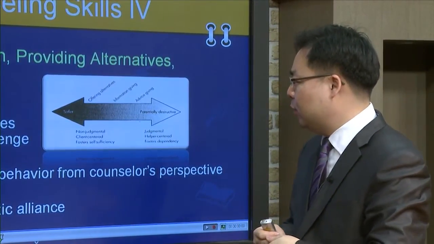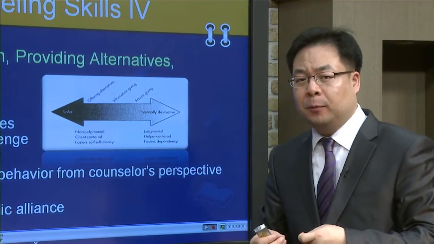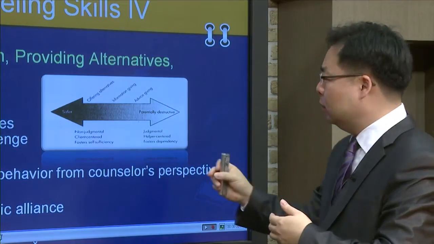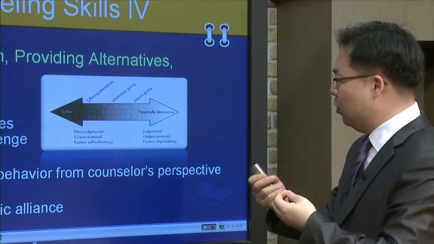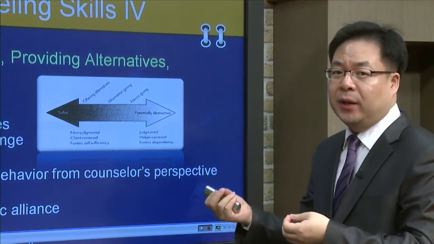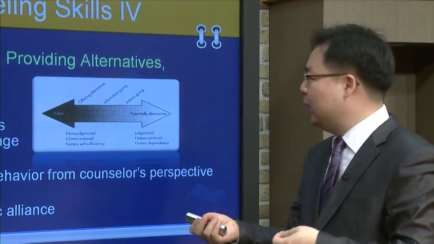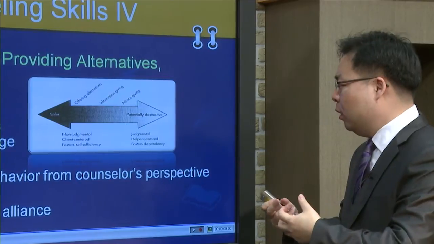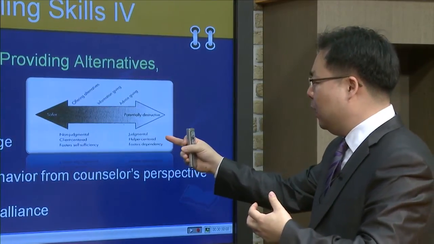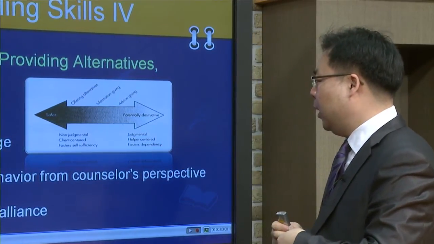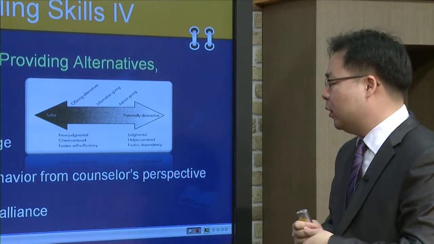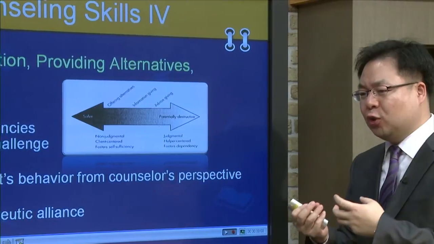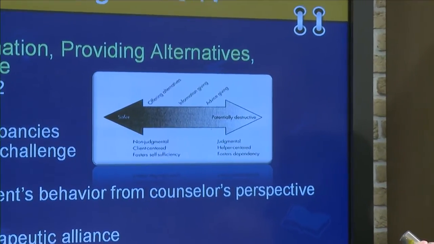It could foster client self-sufficiency. However, if we give information or provide advice, that will be more directive. That could be judgmental and more counselor-centered, and it might foster client dependency because they want to get some solution from the counselor.